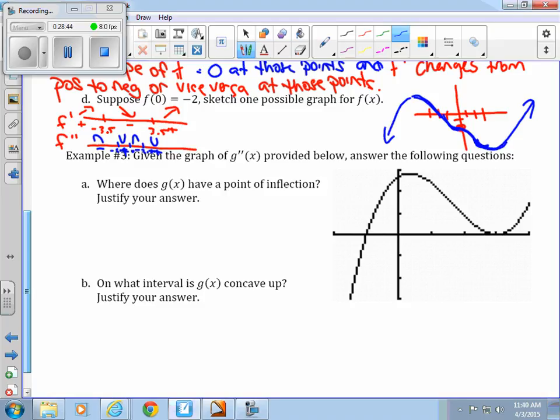For the zeros. See this? This summarizes all the stuff we're talking about. Okay, so zeros of the second derivative. So I'm looking here and here. So I'm going to make a mental note of that. G double prime, because I've got to justify, so I might as well start as I'm thinking, write down what I'm thinking. Equals 0 at negative 1 and 3.